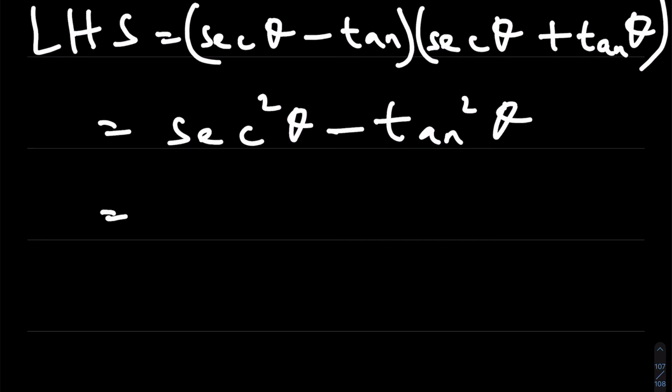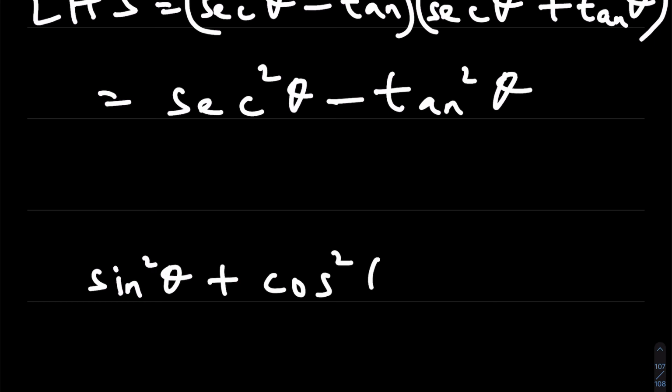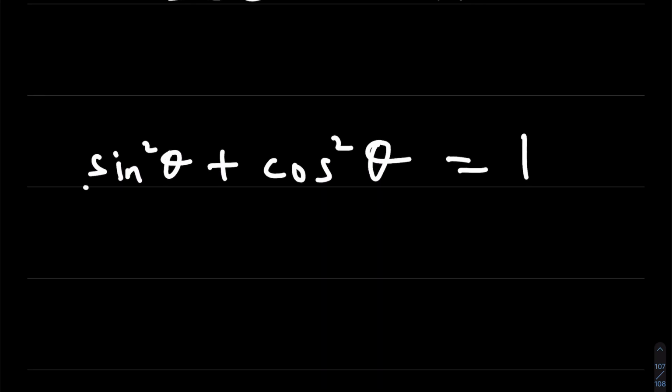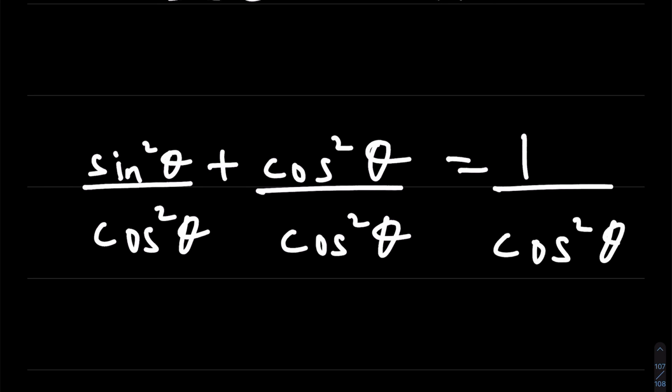And that simply means, I know that sec squared theta, from this identity, sine squared theta plus cos squared theta equals 1. If I divide through by cos squared theta, then this is going to become sine squared theta over cos squared theta plus cos squared theta over cos squared theta equals 1 over cos squared theta.